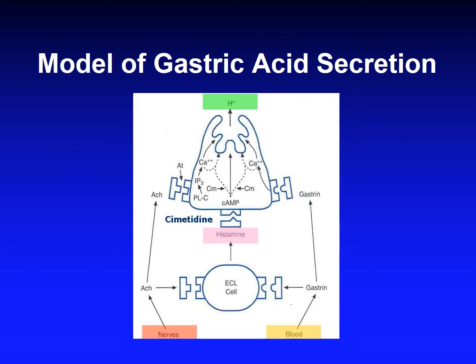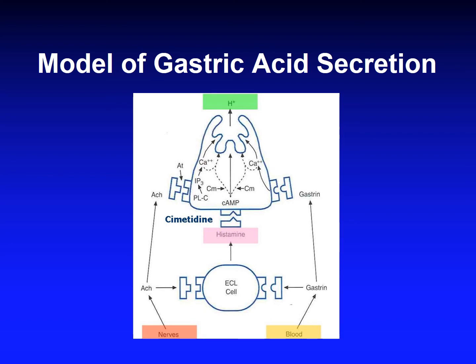This model, we've seen it before, and we learned how the enterochromaffin-like cell, which secretes histamine, can be activated by either gastrin or acetylcholine, which is coming from the parasympathetic innervation or the vagus nerve, to be very specific.